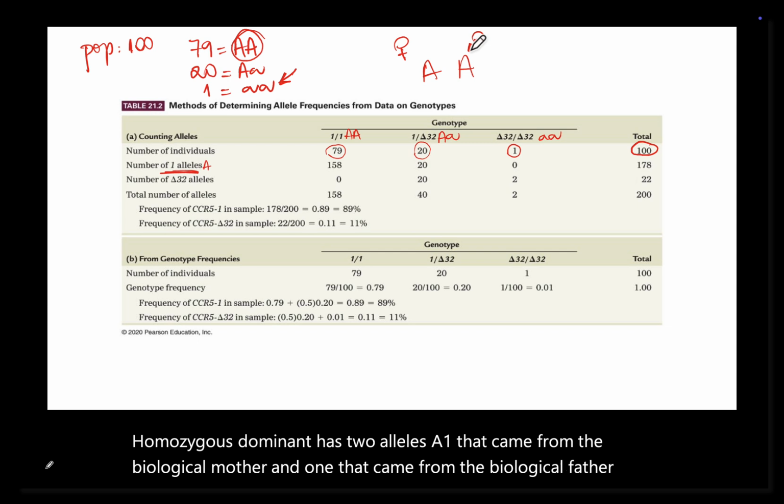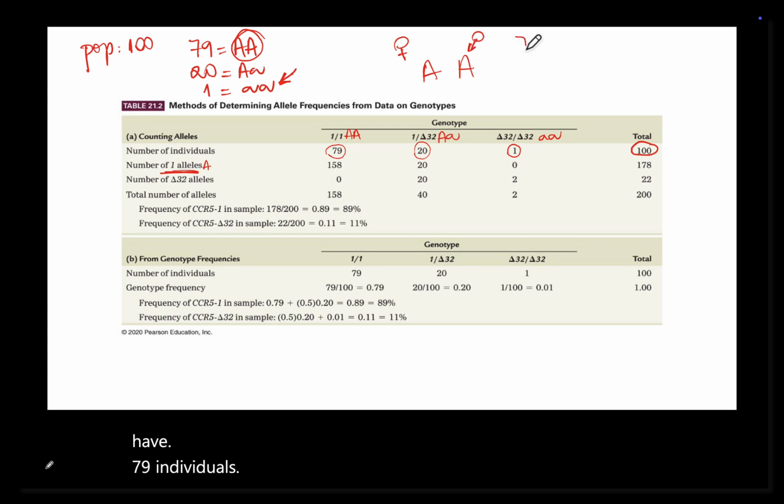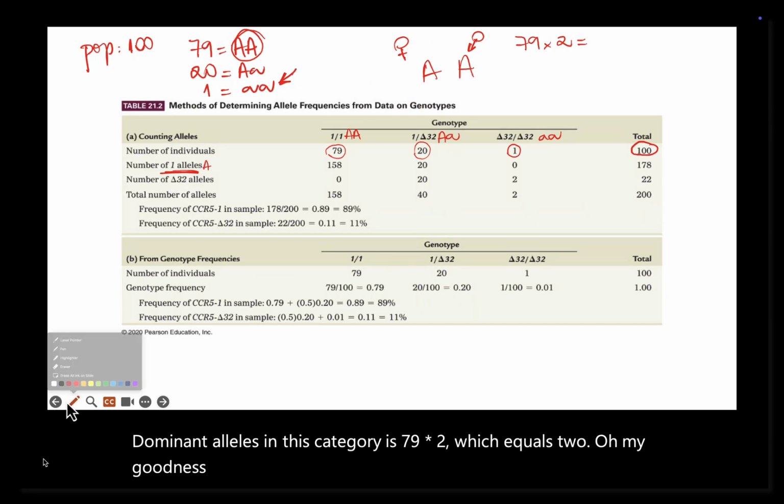Okay, if I know that I have 2 of the same alleles in that population and I have 79 individuals, therefore the number of dominant alleles in this category is 79 times 2, which equals 158.